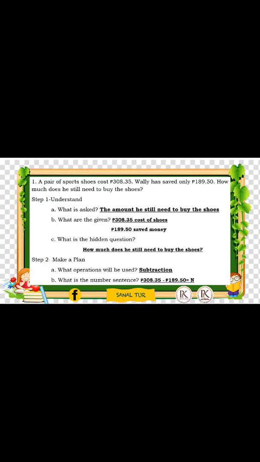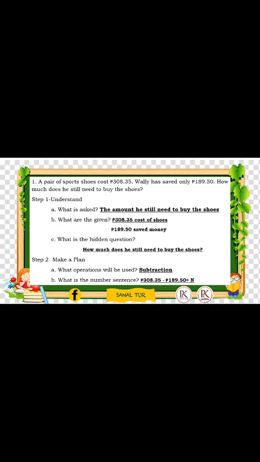So you try to check your answers. So step 1, we understand. So what is being asked in the problem? Okay, very good. The amount he still needs to buy the shoes. That is the problem. Then how are we going to solve? What are the givens? We have 308 pesos and 35 centavos.